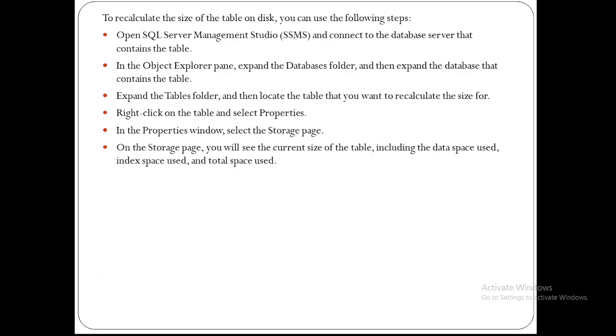So what are the steps to calculate the fragmentation and check the index size and index space? First, to check the index size on disk, open SQL Server Management Studio, go to the Object Explorer pane, the database folder, expand the tables folder, locate the table, right click on the table, select Properties, and select the Storage page.